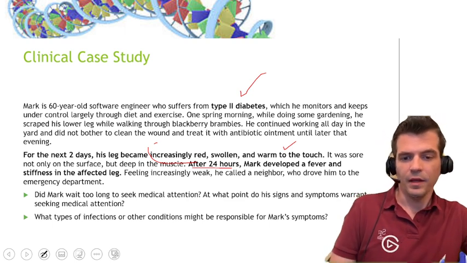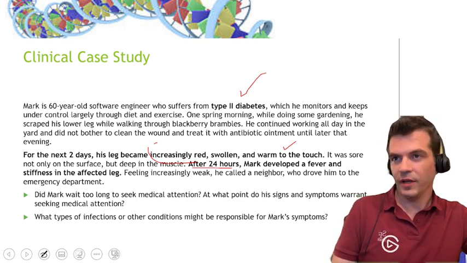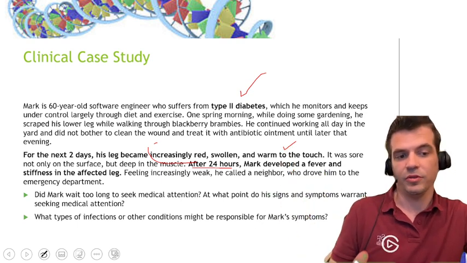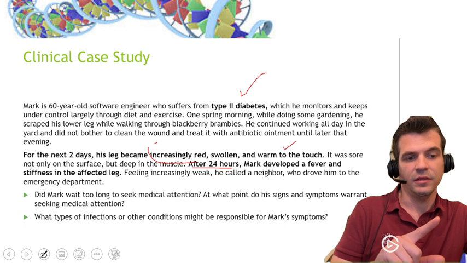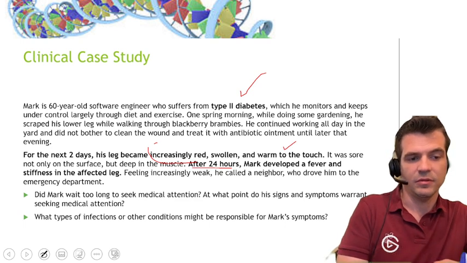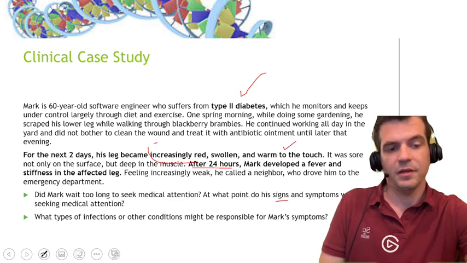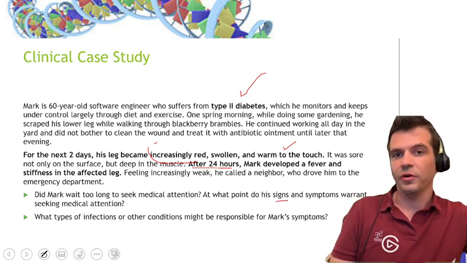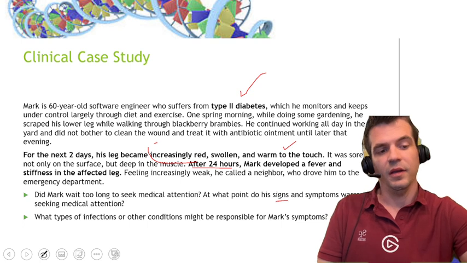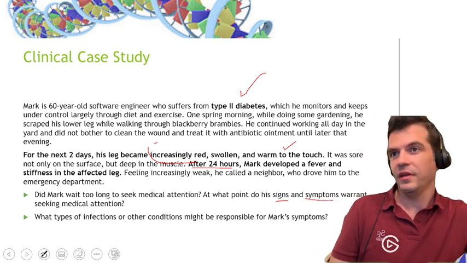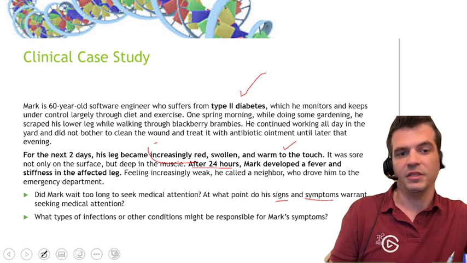Okay. And what we just pointed out, red, swollen, warm to the touch, those would all be signs, and those are measurable. And symptoms would be, I feel poorly, stiffness in the leg.